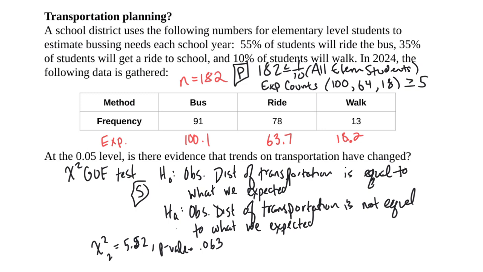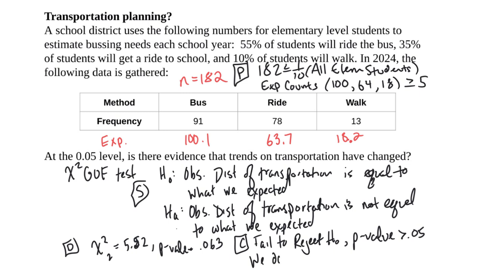So in terms of our conclude, we would fail to reject. And it's because the p-value is larger than the stated significance level. We don't have enough evidence to conclude that trends have changed.